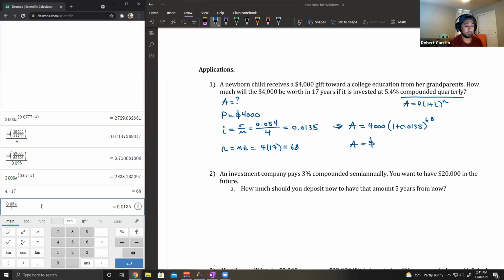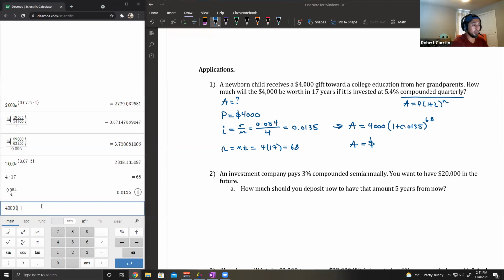And let's see what we have. 4,000 times 1 plus 0.0135, all raised to the 68. And after 17 years, this money will be worth $9,955.78.